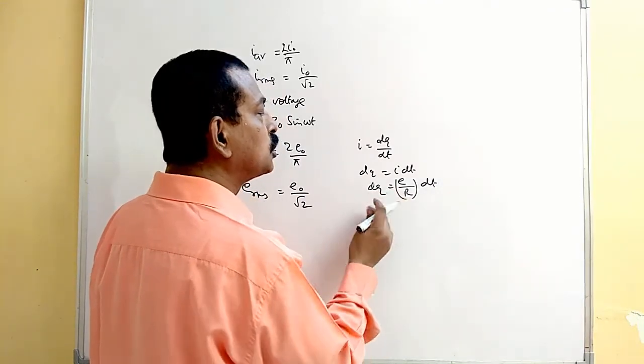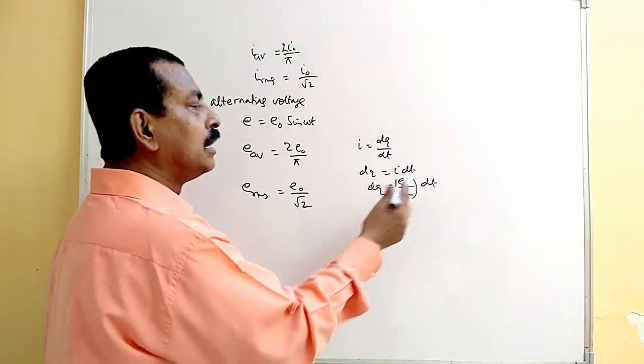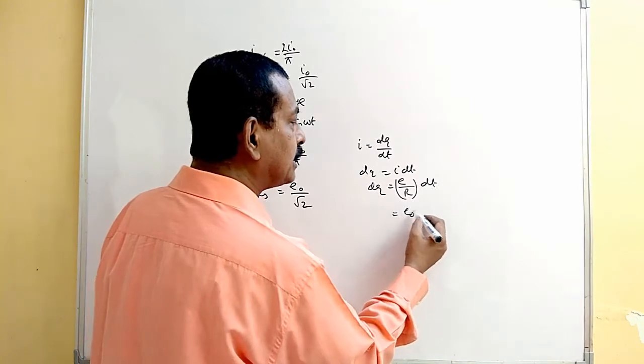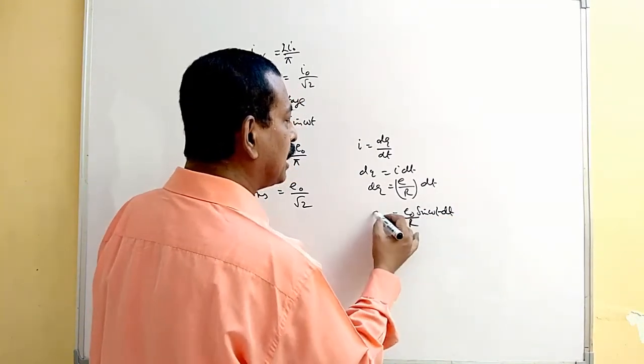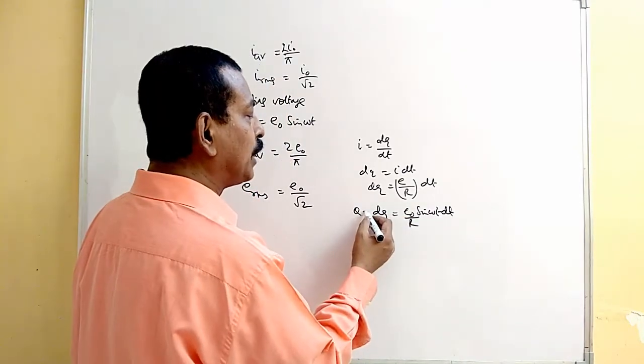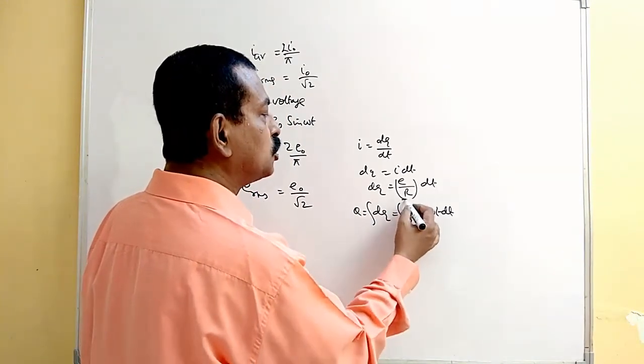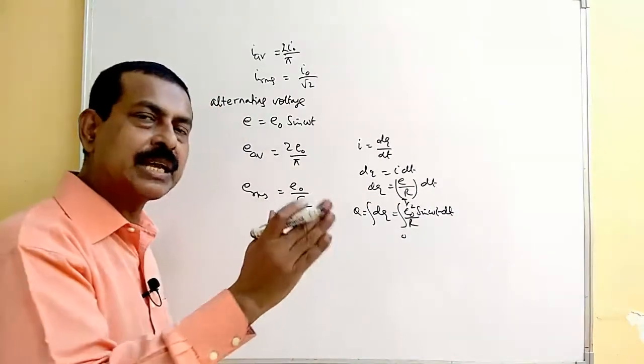This is your dq. Now you just integrate, and for this E, we can write E naught sine omega t dt, divided by R. So if you have to find q, it is the integral of this from 0 to T by 2. Exactly the same way you will proceed.